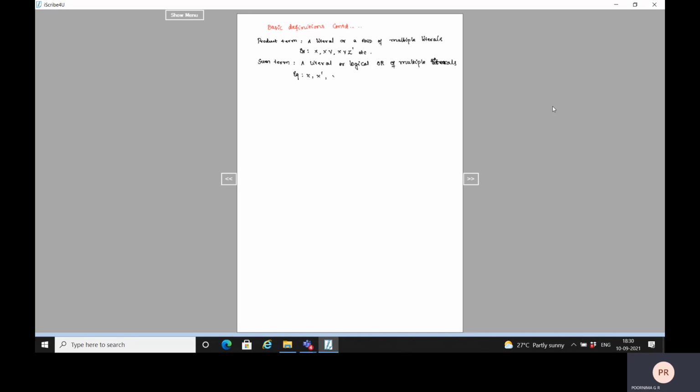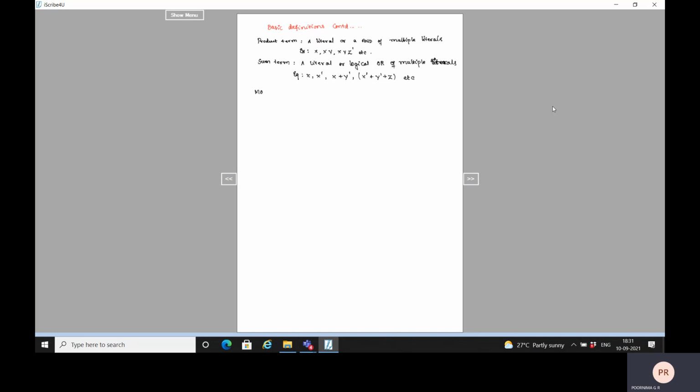It may be one or two or three or more variables, for example x bar, y bar, ORed with z. Such ORing of multiple literals forming a term is termed a sum term.